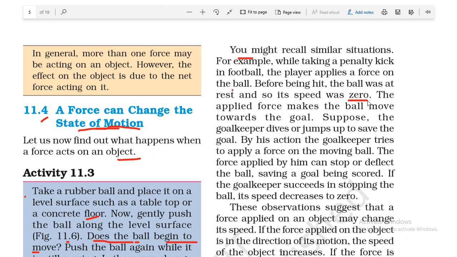Now the applied force makes the ball move towards the goal, and suppose the goalkeeper dives or jumps up to save the goal. By his action, the goalkeeper tries to apply a force on the moving ball, and the force applied by him can stop or deflect the ball, saving a goal from being scored. Now if the goalkeeper succeeds in stopping the ball, its speed decreases to 0.